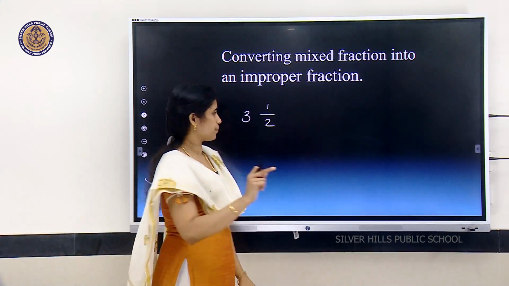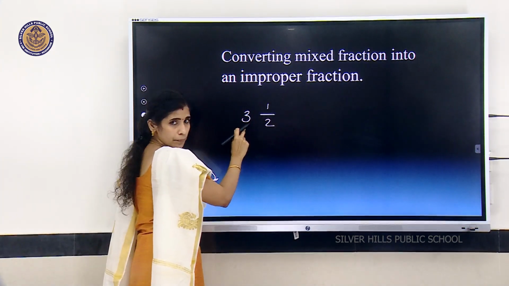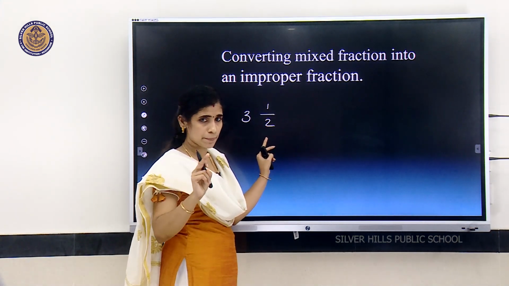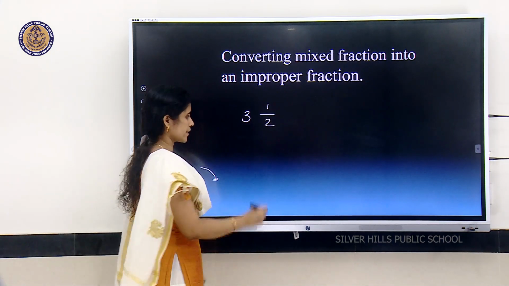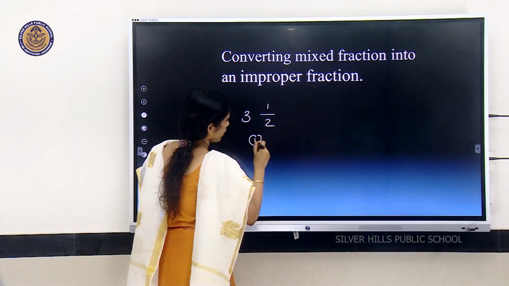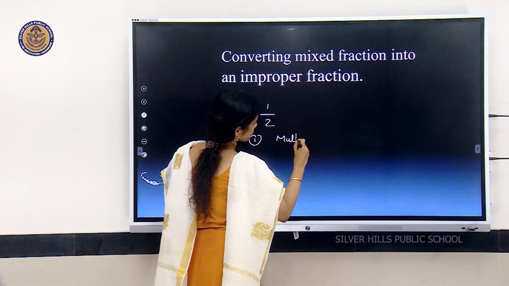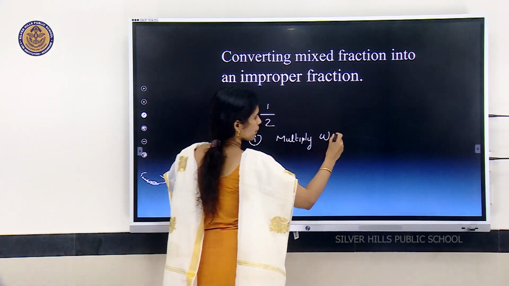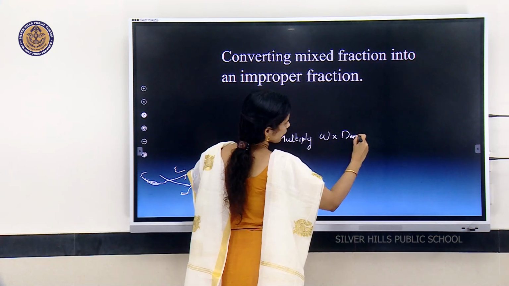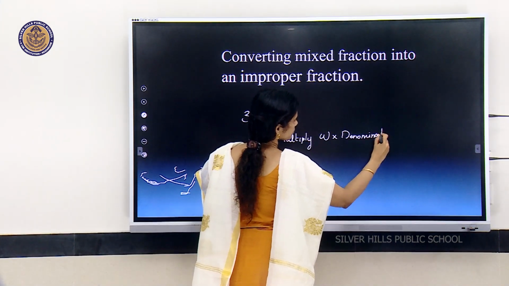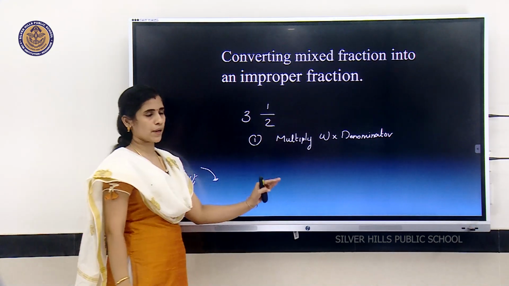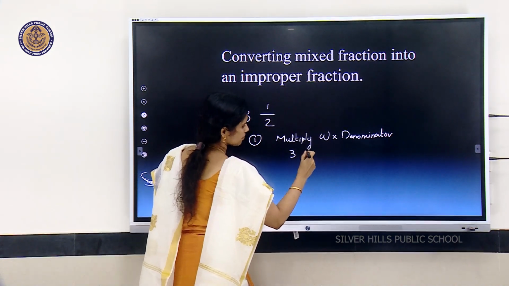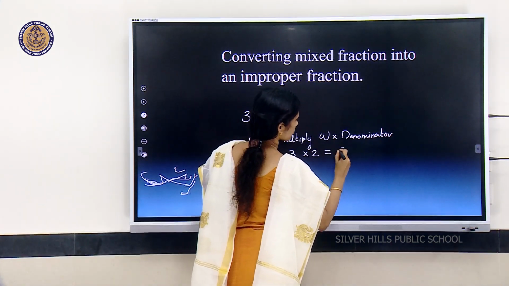For the first step, multiply the whole number and the denominator, that is 3 into 2 is equal to 6.